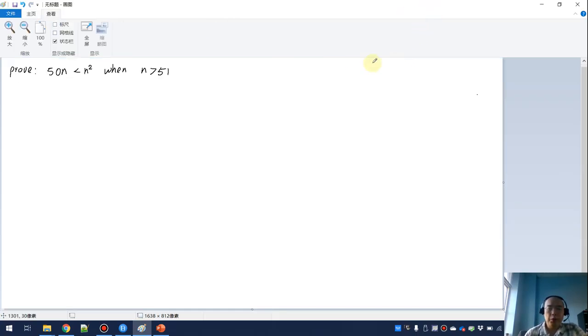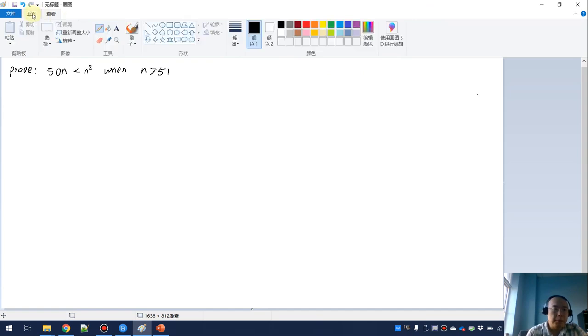Let me show you a table. We want to compare 50n versus n squared, and let's start from the n value of 1. When n is 1, we have 50, and 1 squared, which is 1.